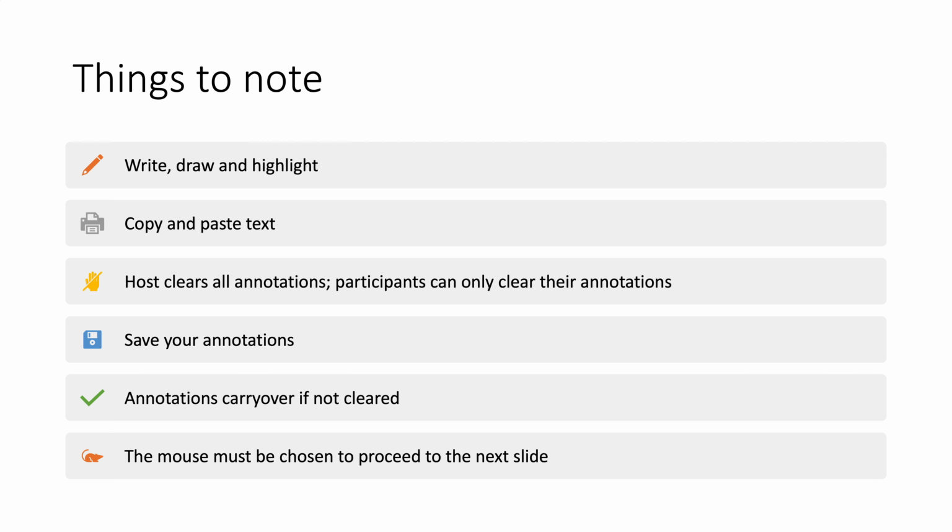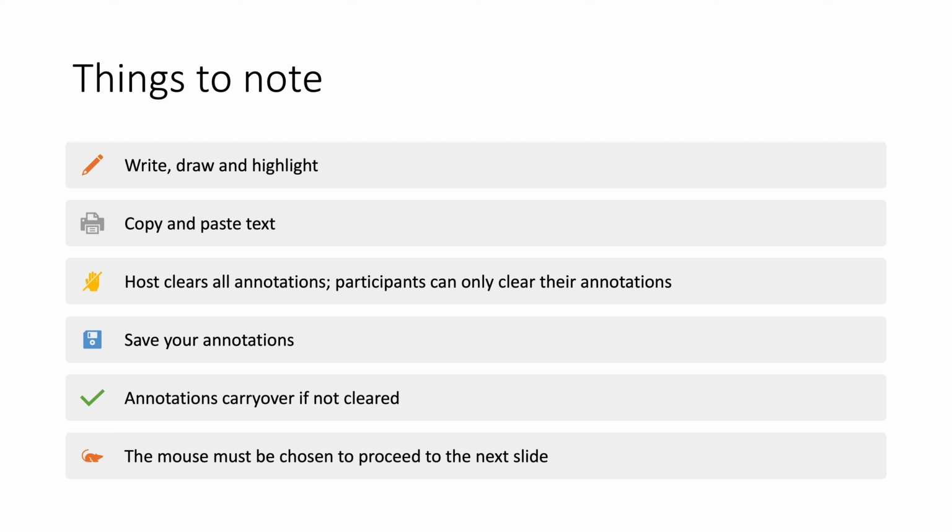So let's go over all the things we can and can't do while annotating on the shared screen, and specifically PowerPoint. You can write, draw, and highlight. You can copy and paste text. Once the text is entered, to edit it, you can use the select tool that's also on the annotation toolbar.